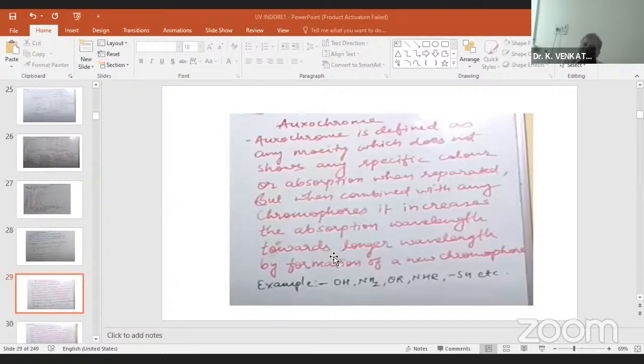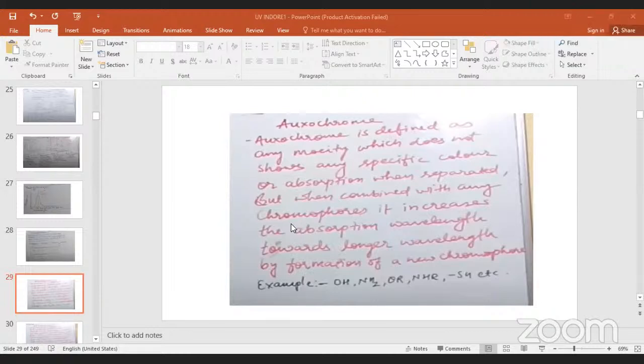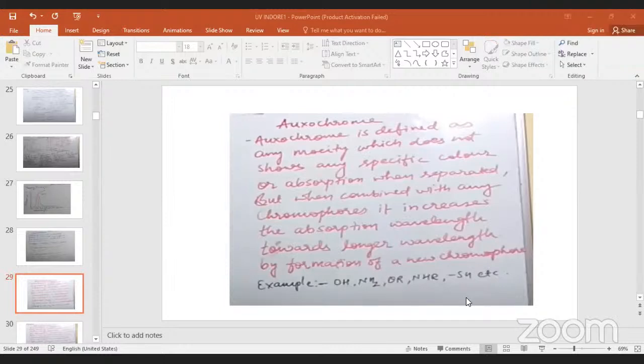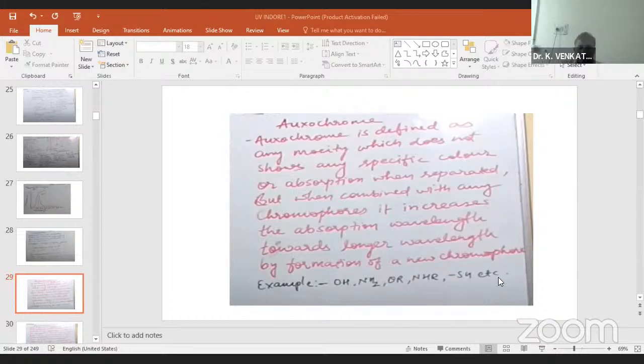It is defined as any moiety which does not show any specific color or absorption when separated, but when combined with any chromophore, it increases the absorption wavelength, towards longer wavelength, by the formation of a new chromophore.